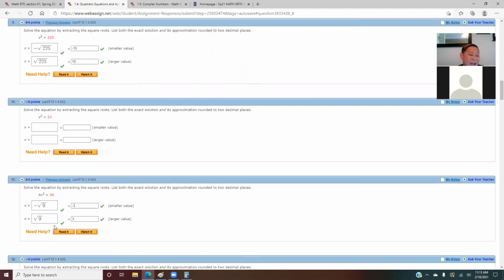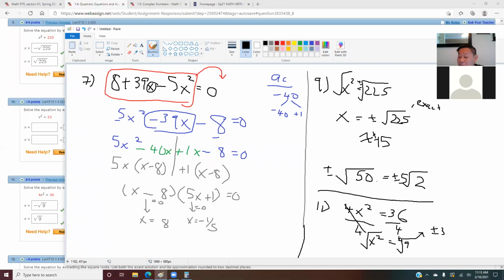Yep. So in the test, usually I want the plus minus 3. If the test comes out, plus minus 15 is what I want, if you got it, and plus minus 3 is what I want. If you have a square root that can be broken down, you need to break it down. But if you have something like question number 10, your answer is plus minus the square root of 23.